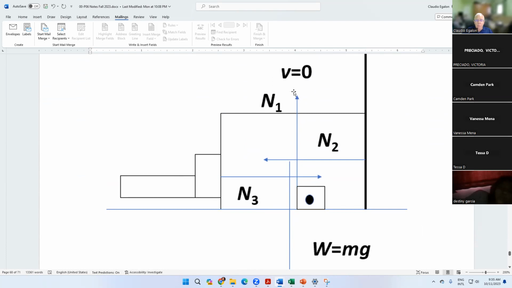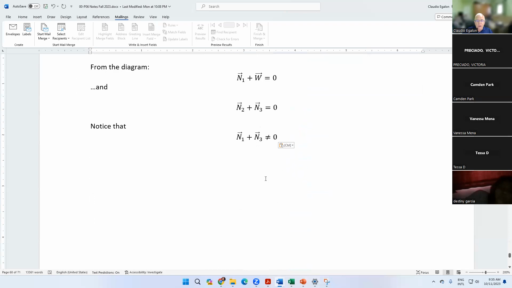So definitely N1 plus N3 is going to be different from 0. Similarly, N1 plus N2 is going to be different from 0 as well. Okay? So also N1 plus N2 is different from 0, right?